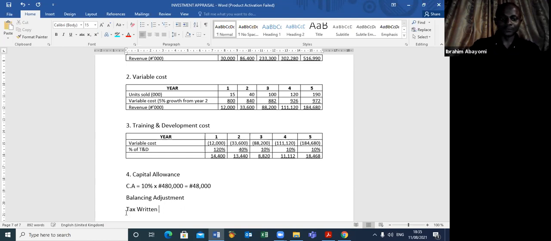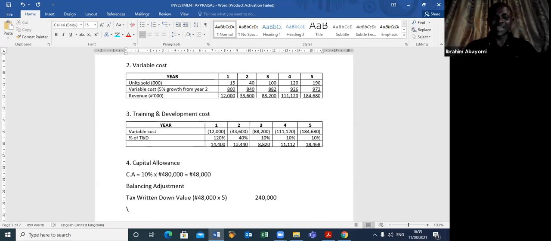We have charged capital allowance of 48,000 naira in 5 years. I've charged it for 5 years. So 48 times 5 is 240 million. Now, that's the capital allowance we have charged.